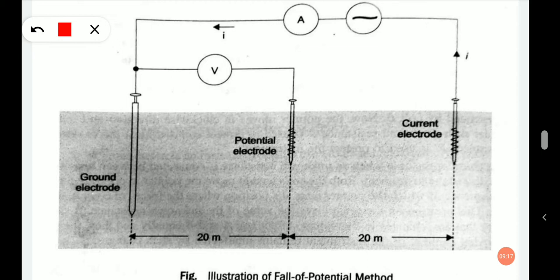So here the measurable current flows between the ground electrode and current electrode, and it is measured by the ammeter.